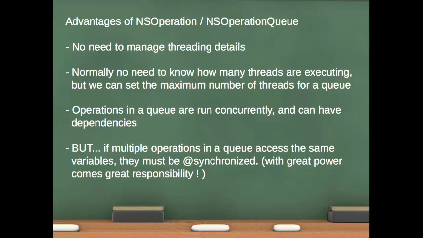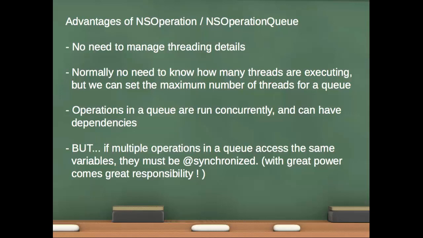Operations in a queue are run concurrently, which is a cool thing. We can also set up dependencies to make each operation act like it's a serial operation. In other words, a dependency will set an operation not to be started until the operation that it is dependent on is finished.